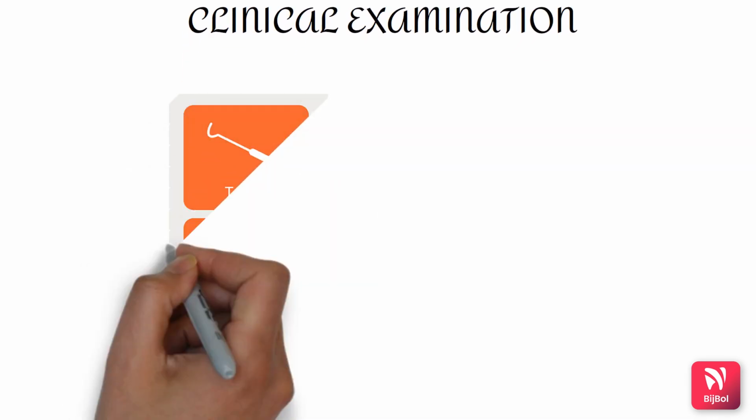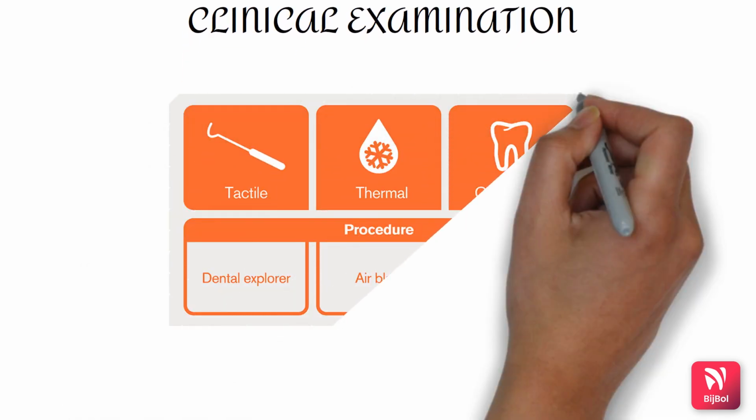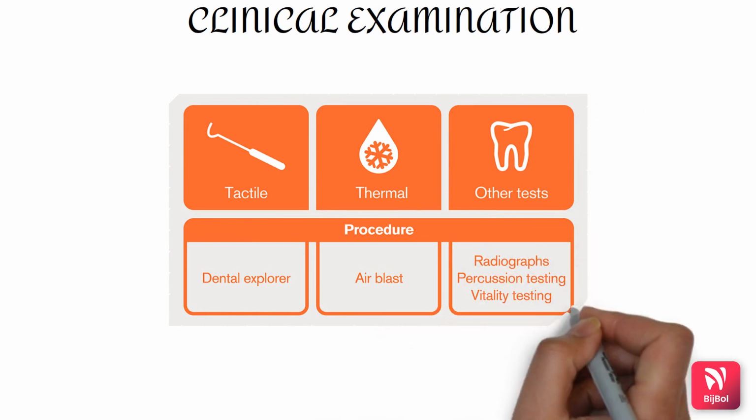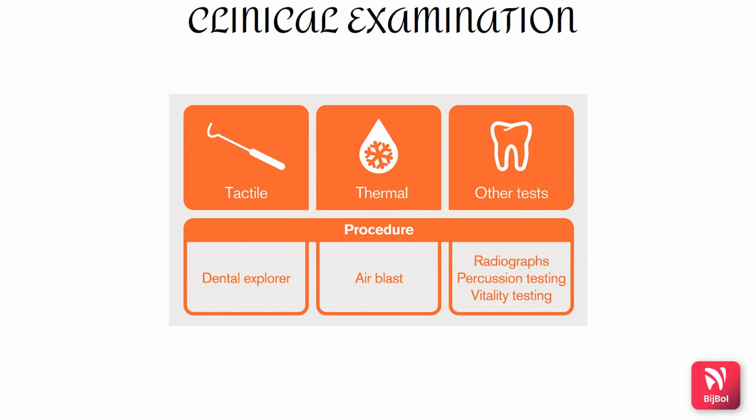In the clinical examination, the tactile examination can be done with a dental explorer, whereas the thermal examination will be done by air blast, and other tests such as radiographic tests, and signs of fracture and leaky poor restorative margins can be checked.